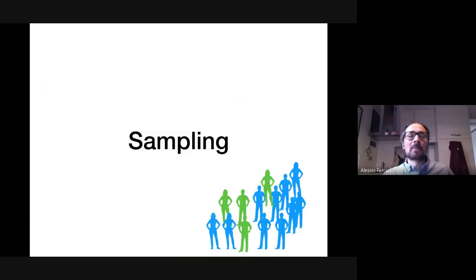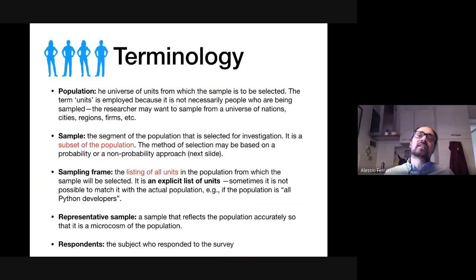We said one key element after defining research questions is sampling your population, so selecting the people that you want to consider for the questionnaire. Also here, let's start from some terminology. So, some definitions.